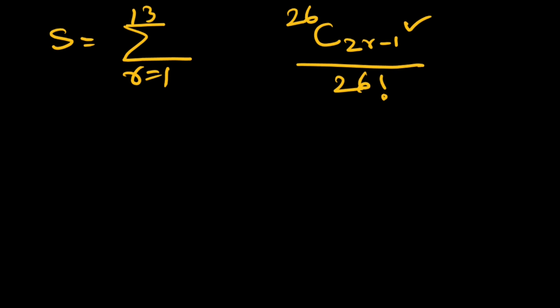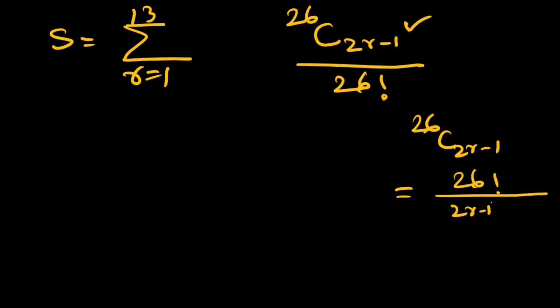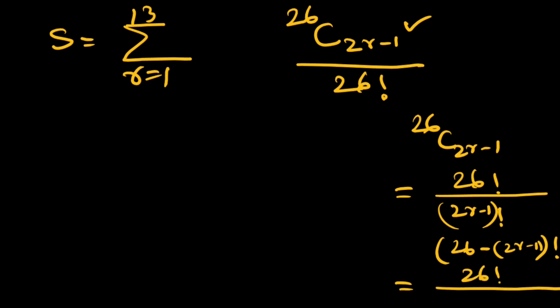Why this term 26C(2r minus 1)? If we break it down, we see 26 factorial over (2r minus 1) factorial and (26 minus (2r minus 1)) factorial, that is 26 factorial over (2r minus 1) factorial and (27 minus 2r) factorial.